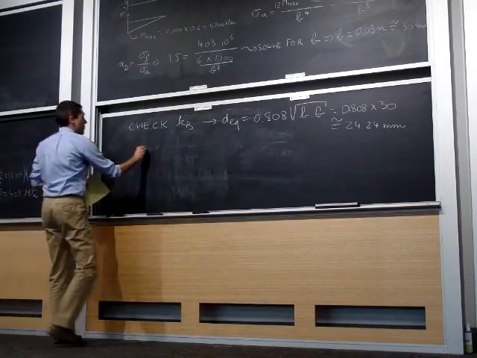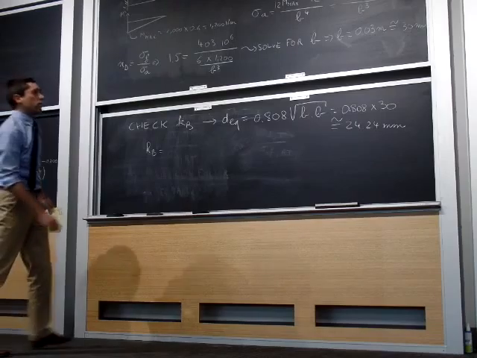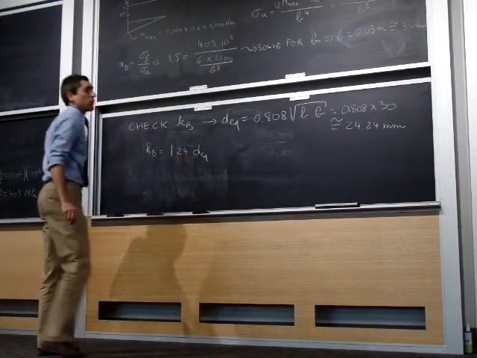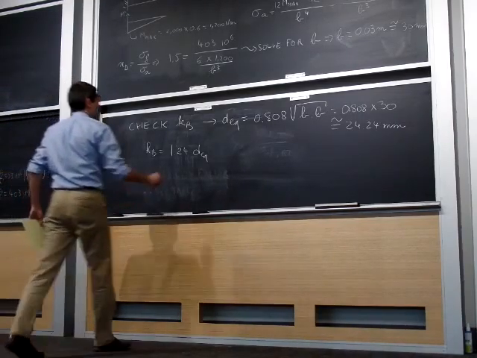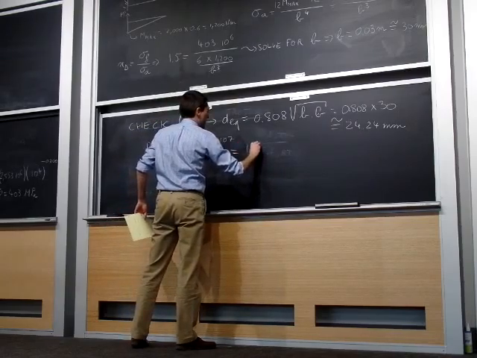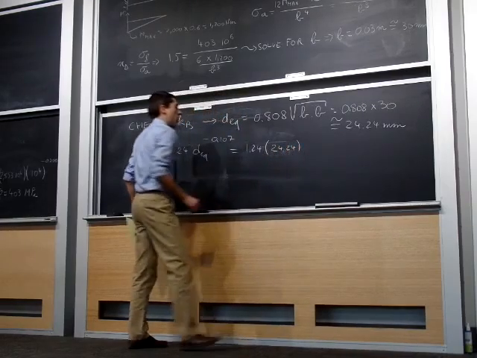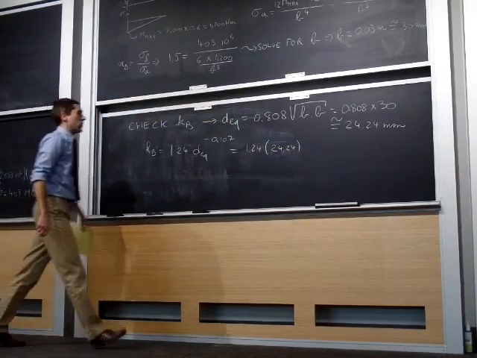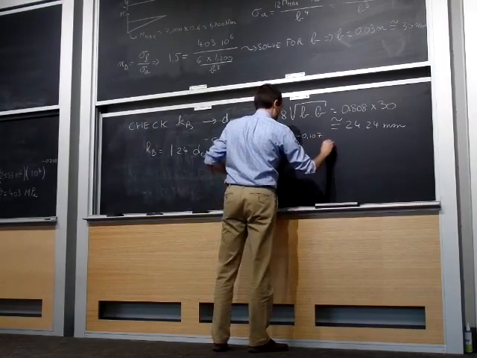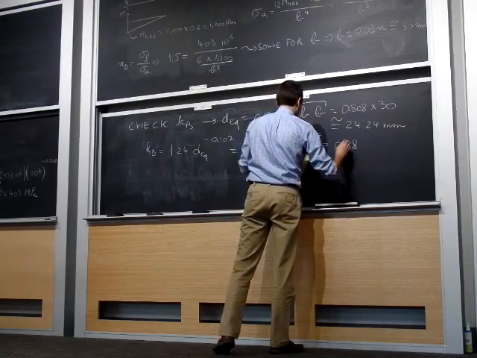So KB is equal to 1.24 times the equivalent diameter raised to the power minus 0.107. So 1.24 times 24.24, because we have to plug in our diameter in millimeters, raised to the power minus 0.107, and we find that KB is equal to 0.88. So we made a good assumption.